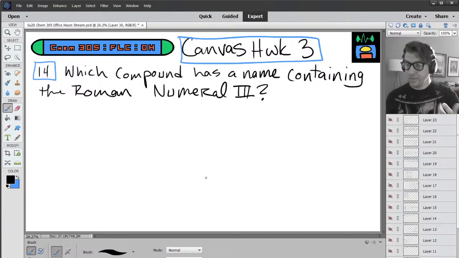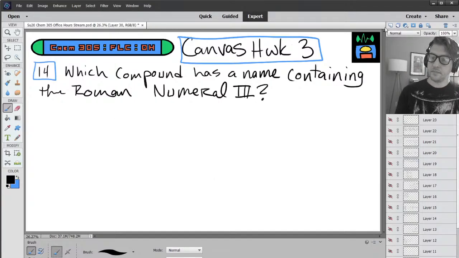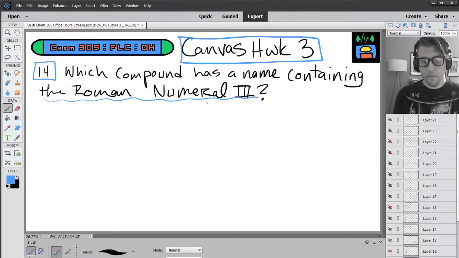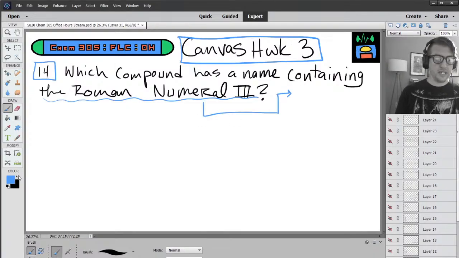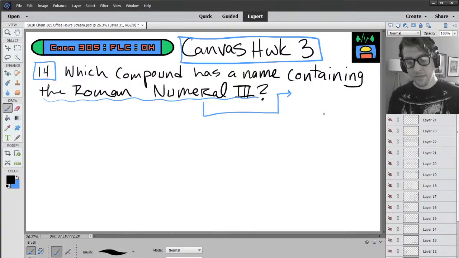All right. Again, we're going to do a similar analysis to what we did last time. What type of compound has a Roman numeral 3 in its name? And the answer is a transition metal.